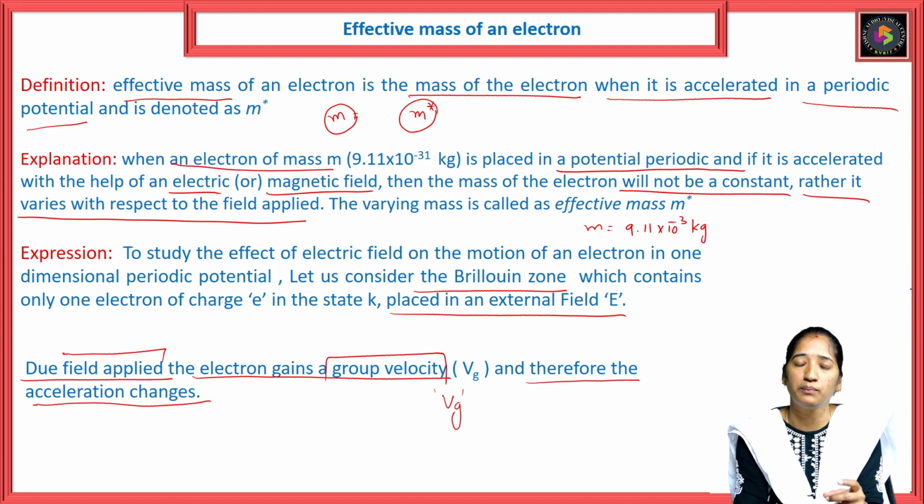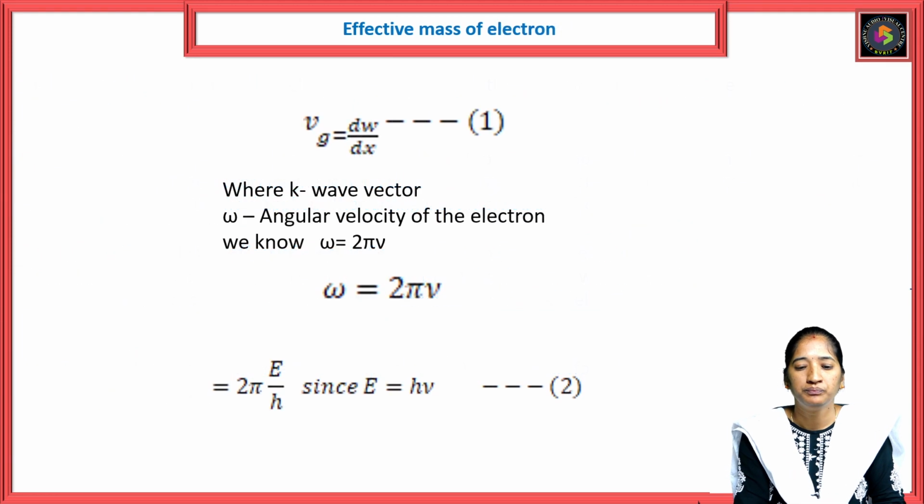We know the basic definition of acceleration is the rate of change of velocity. So when the electron gains velocity, the acceleration also changes.